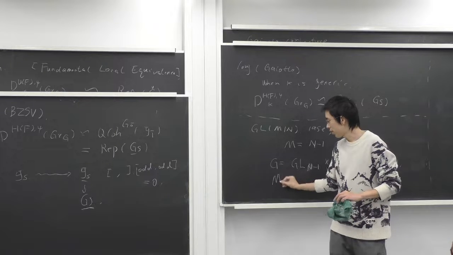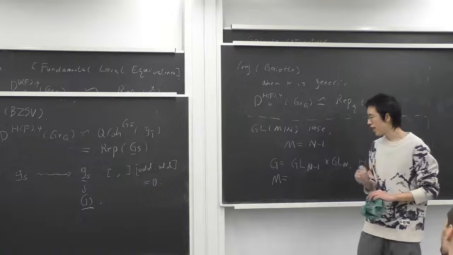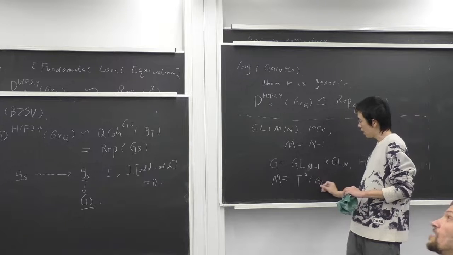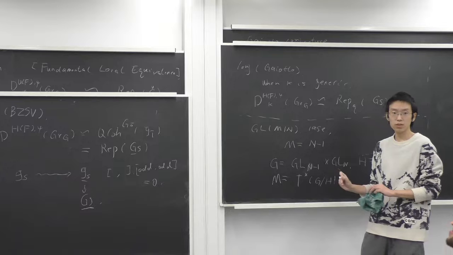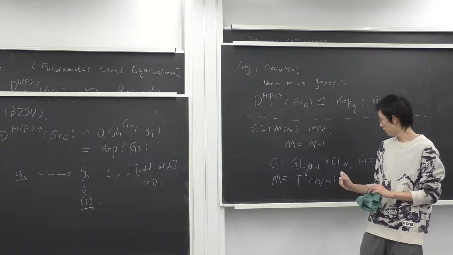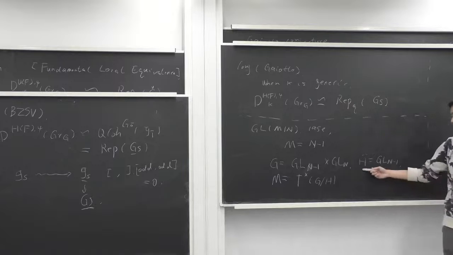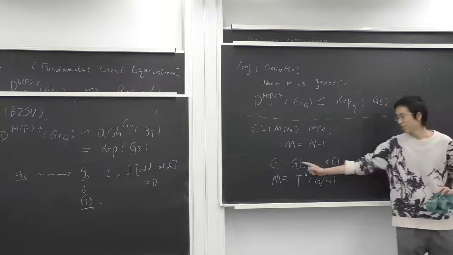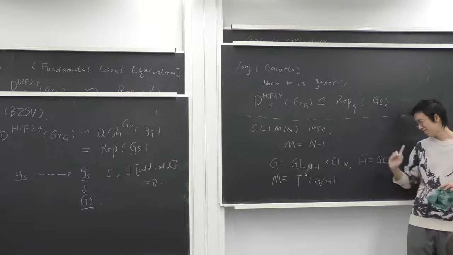So your hyperspherical variety M is just... H can be embedded into G diagonally.